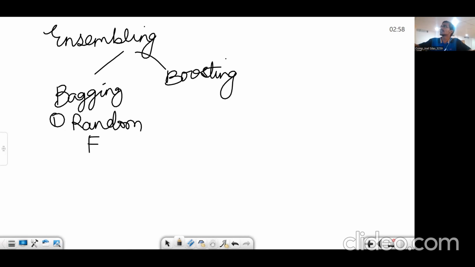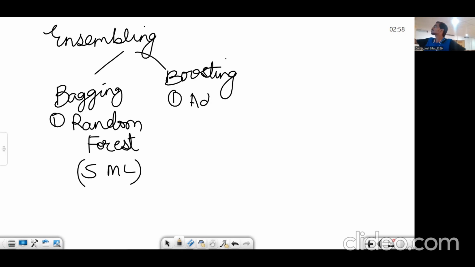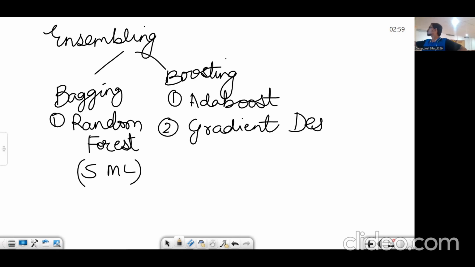Random forest is a supervised machine learning algorithm which uses the technique called bagging. Then algorithms which use the technique called boosting are AdaBoost, gradient boosting, and XGBoost.